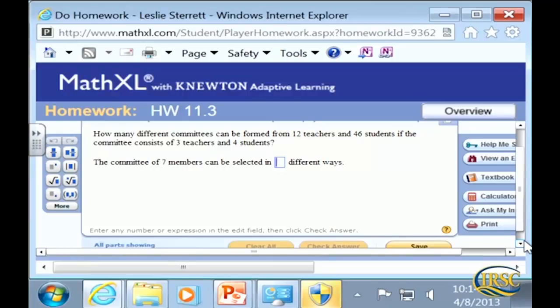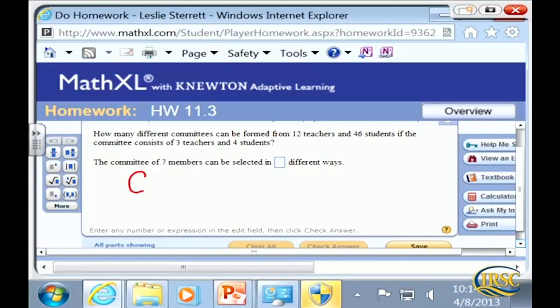So you have to break this up into 2 groups. So we're going to start with a combination, let's say a combination for the teachers. And so we have a total of 12 teachers, and we want to choose 3.